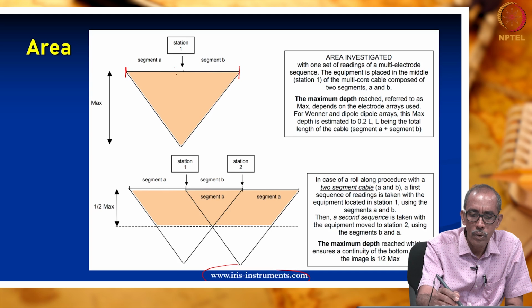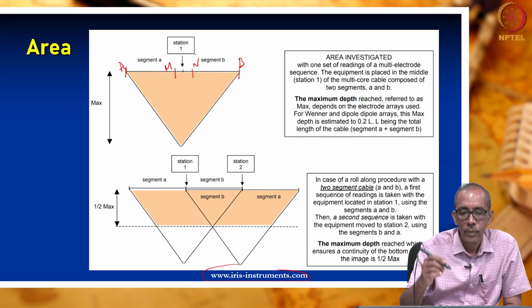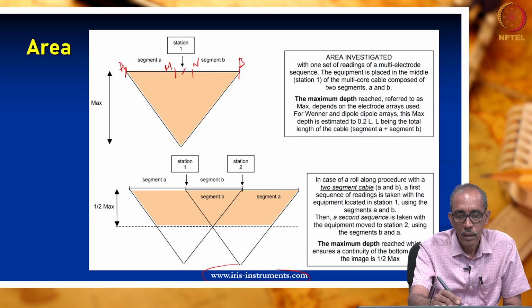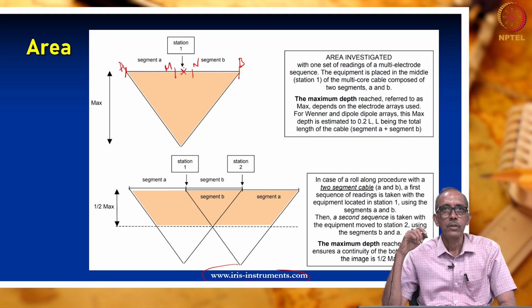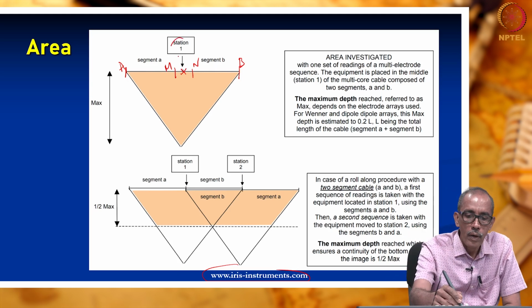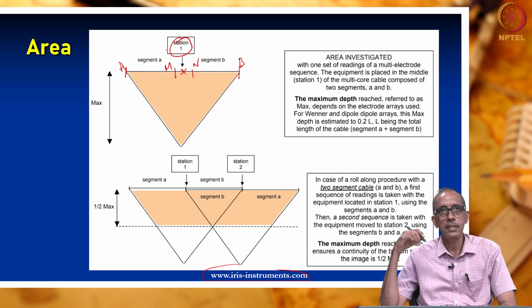Let us assume we are doing a Schlumberger survey. This is A, B, M, N. This is the center point. So, we are investigating this particular point now. This is the point of our first investigation, station 1.